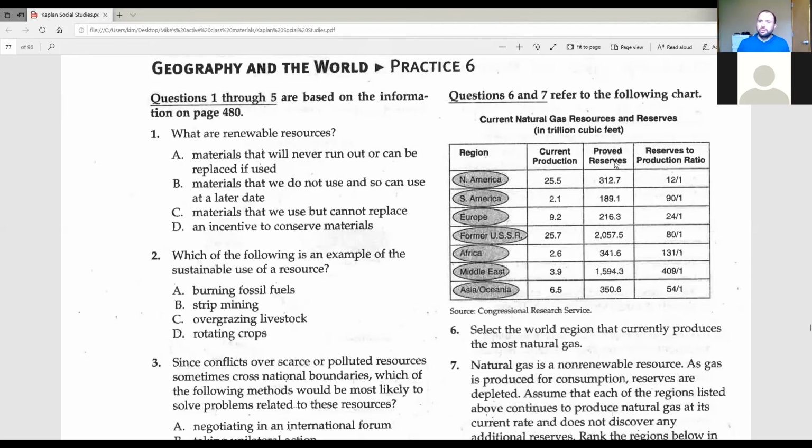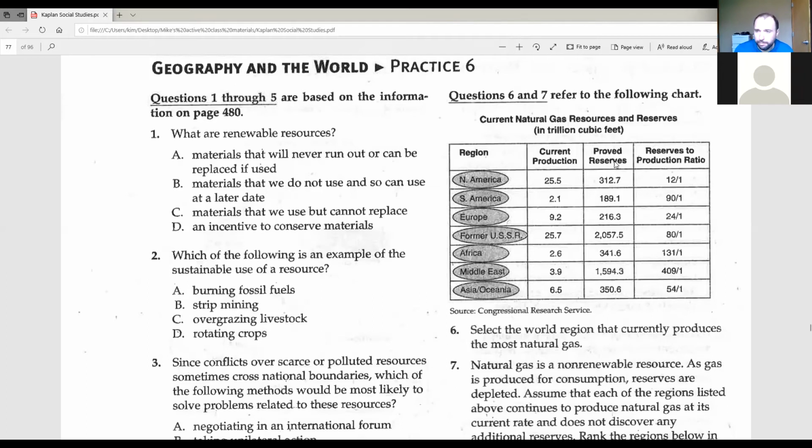Sustainable use would say it's fine to cut down trees as long as we're cutting them down at a rate that allows more trees to grow than we're cutting down. So that was kind of a long-winded explanation. But let's look at which of these examples seem like sustainably using a resource.